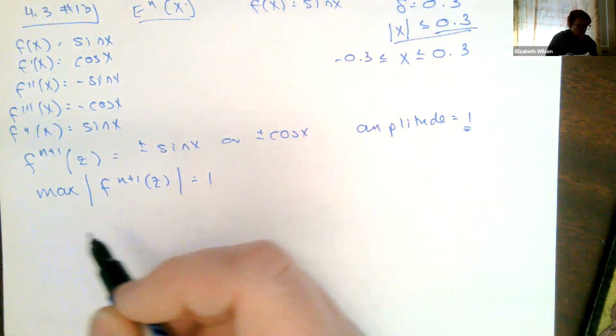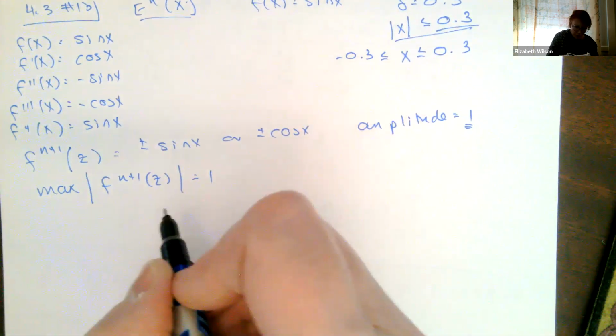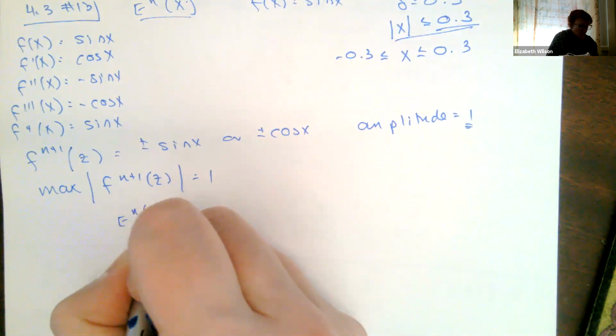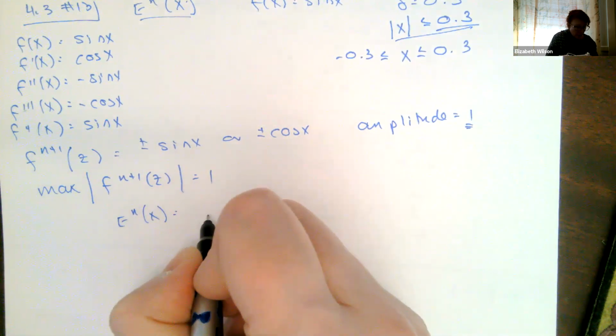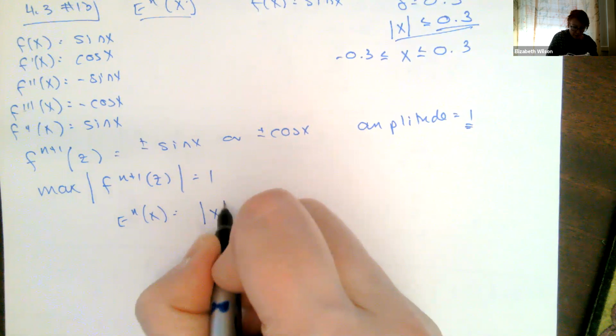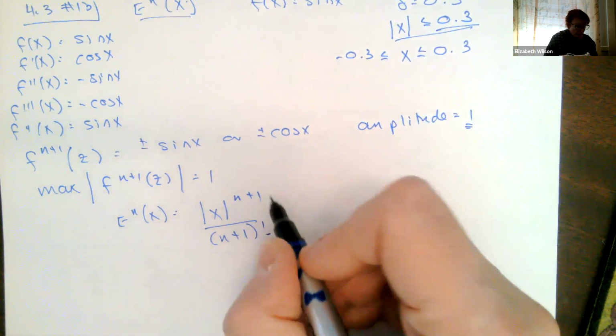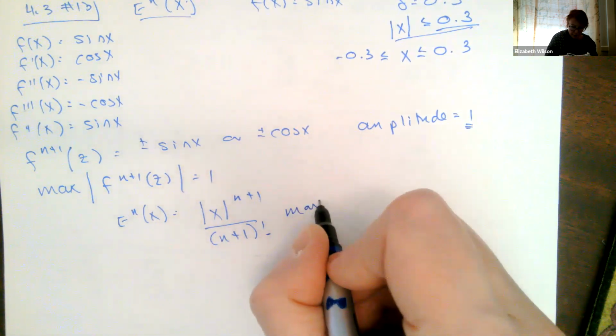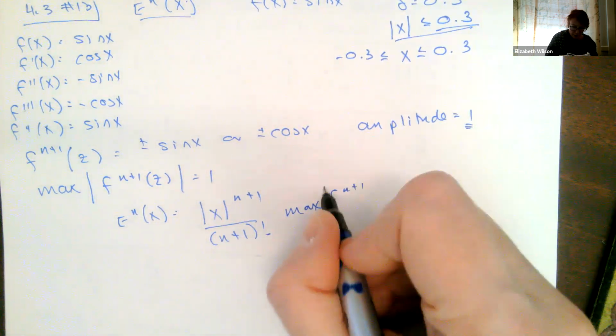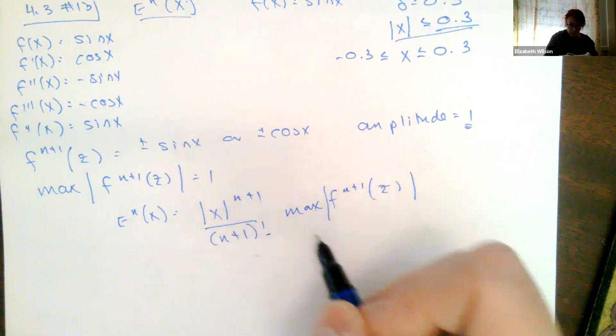So now when I go to think about my upper bound on my error, how we write it out is we say absolute value of x to the n plus 1 over n plus 1 factorial, and I've got max f of n plus 1 of z. So let's fill in the blanks for what we have.